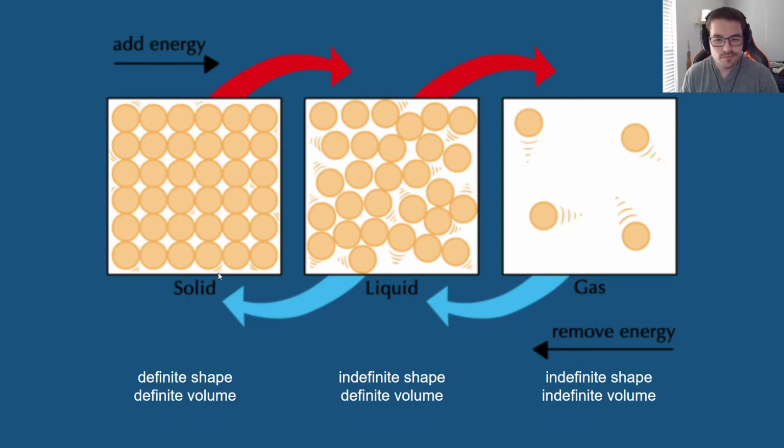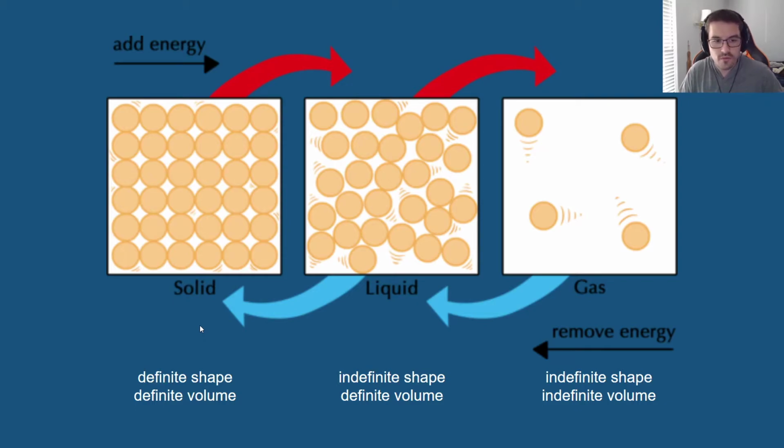Okay, so the next thing I'd like to talk about is the volumes of these different states. Okay, solid objects have a definite volume. So once again, I'm going to use my phone as an example. When you observe your phone or my phone, it's not changing its size or its volume. It's staying the same size.